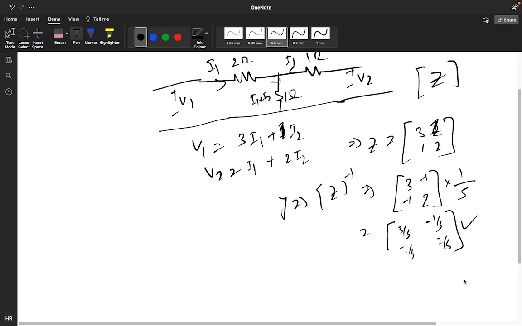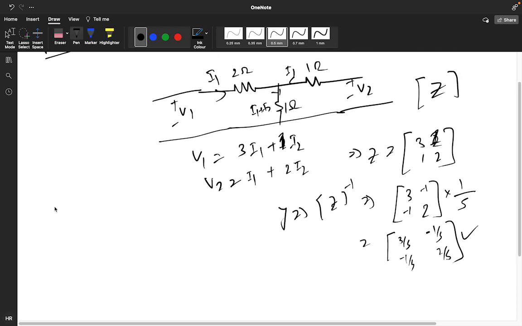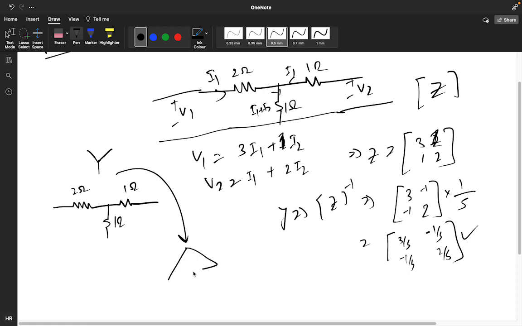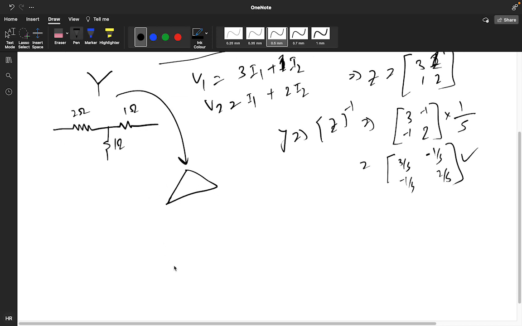Can anyone tell me, we previously discussed the 2 ohm, 1 ohm, and this is 1 ohm. This is your star network, or T network. Can anyone tell me what the star to delta conversion is? If anyone remembers the formula, if you want to make a star to delta conversion, what will be the result?